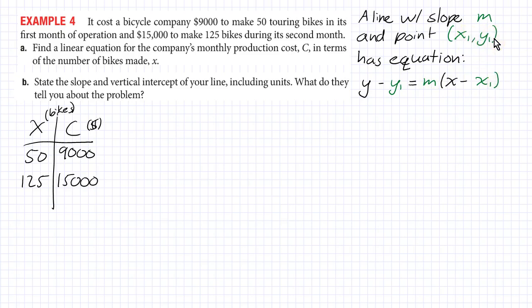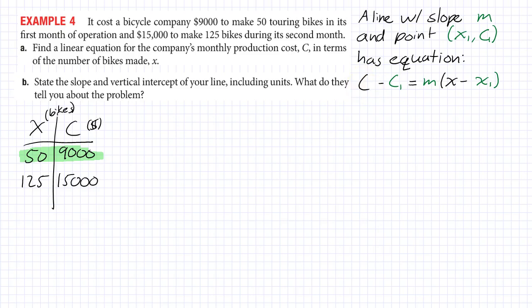In this case, instead of y, we're talking about c, so we're going to talk about c1. You can use this point here, it would be as good as any to plug in.